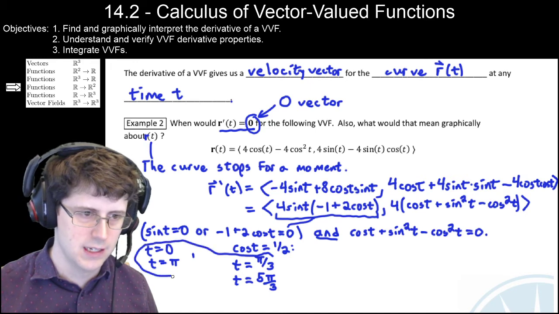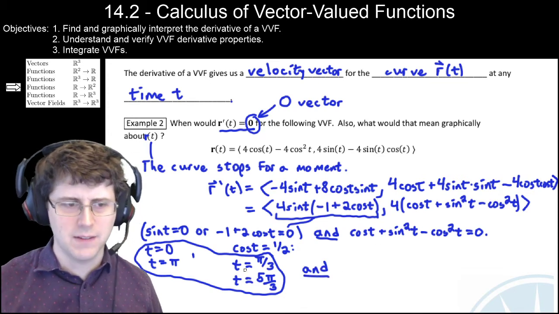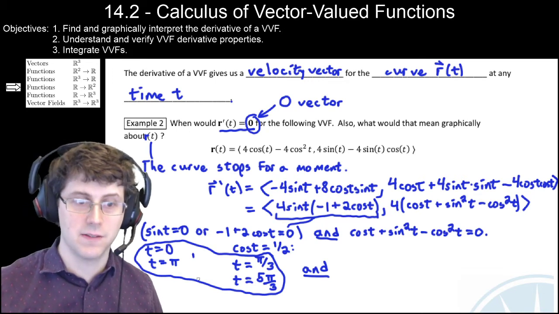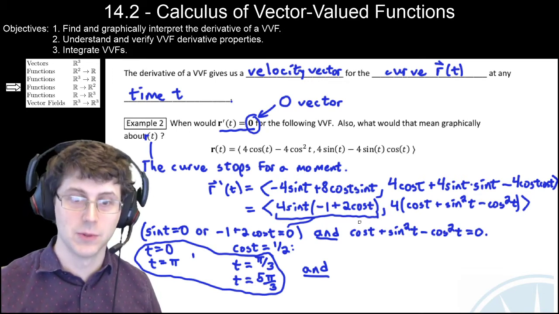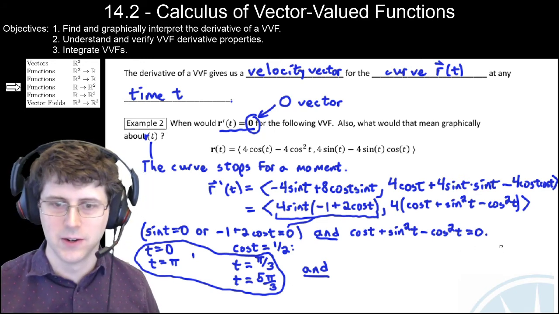So one of these are our candidates. These are the 4 possibilities because these are the 4 places where the first component equals 0. But we also want this to equal 0.